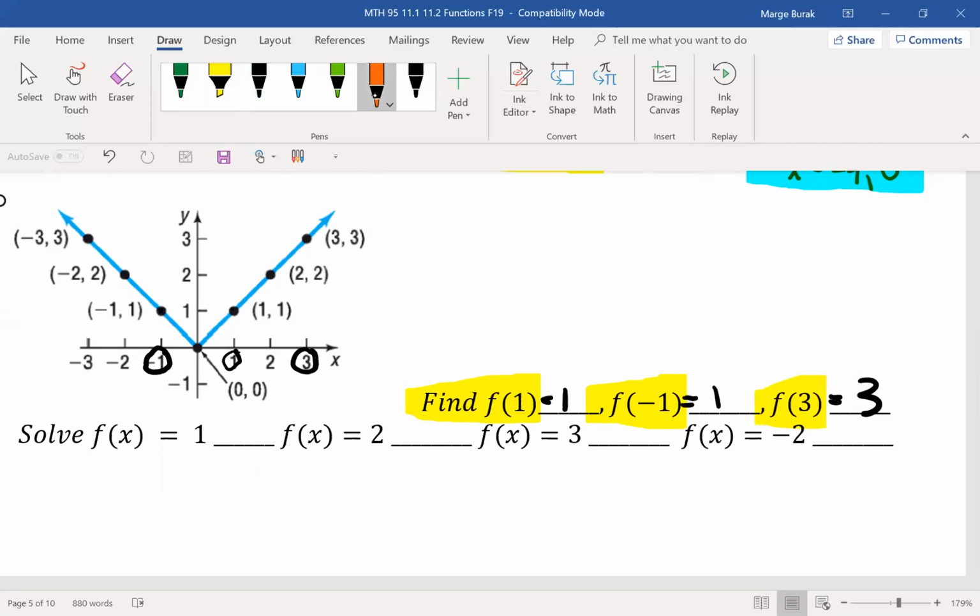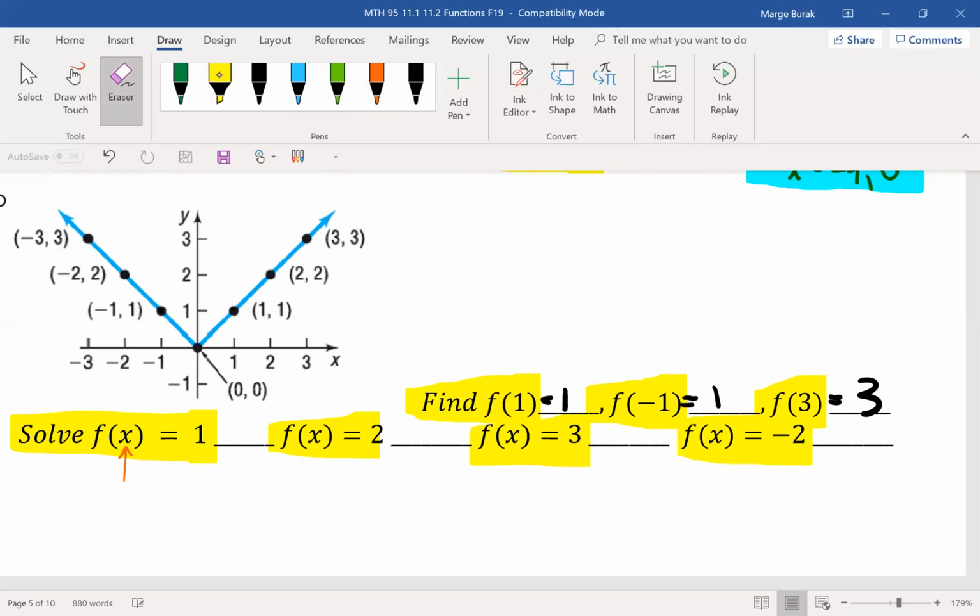All right. Now let's go the opposite way. Let's find where the function is equal to 1, 2, 3, or negative 2. At what x value can I put in here? I'm going to erase these. Now we're looking at the x-axis. Which of those x inputs give me a 1 when I come up here? Right here and right here.